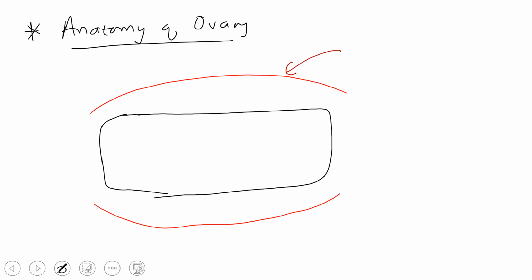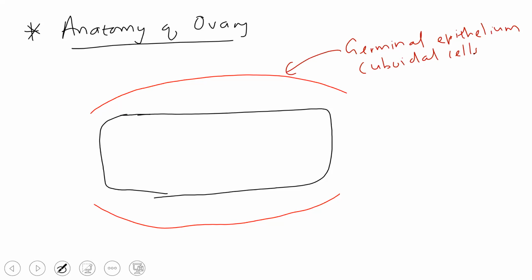It is formed of simple cuboidal cells. Remember, simple cuboidal cells. I hope you know it; it comes in 11th standard in histology.